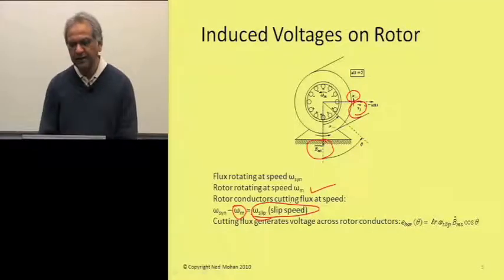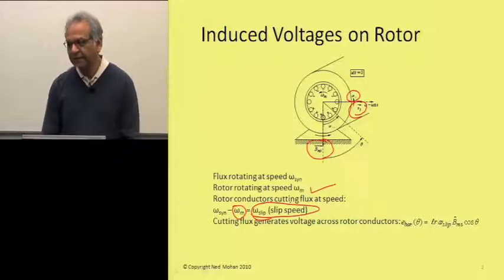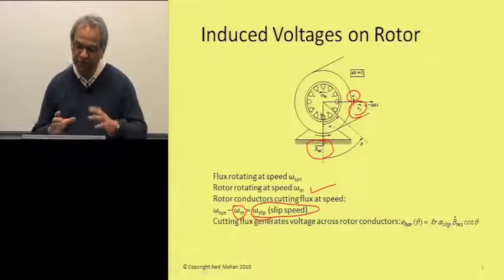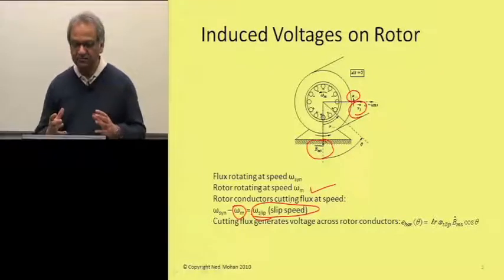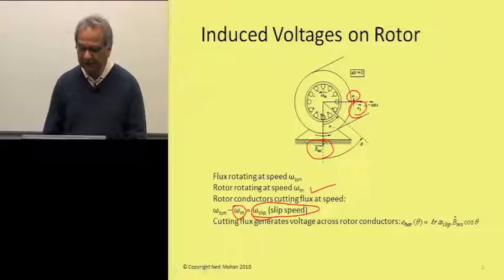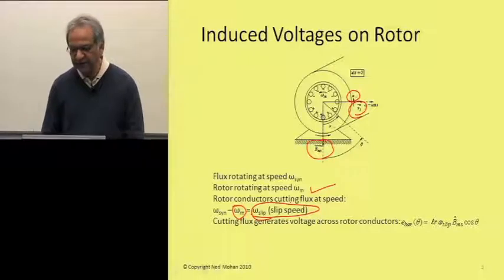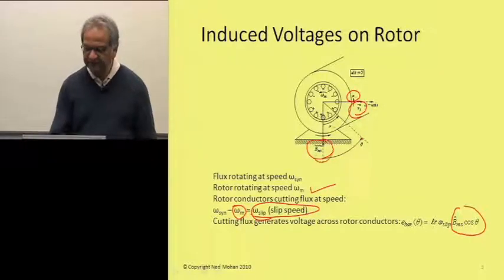As you can see, these rotor bars are cutting this flux density distribution. The other way to say is that this flux density distribution produced by the stator is rotating at a speed faster than the speed at which these rotor bars are rotating. So there's a cutting of flux, and therefore in each bar there's a voltage induced, and at any angle theta, for example, as shown here, this is the flux density, because flux density is maximum along this axis over here.